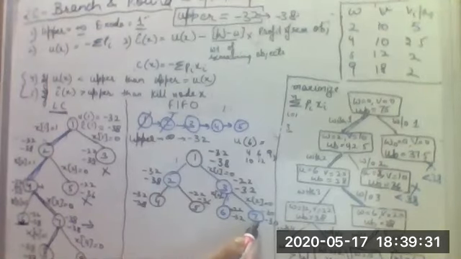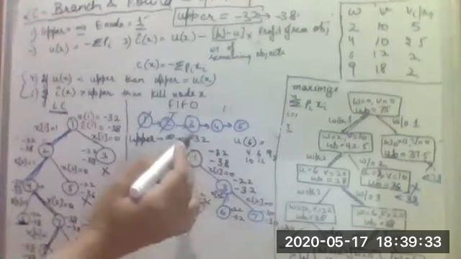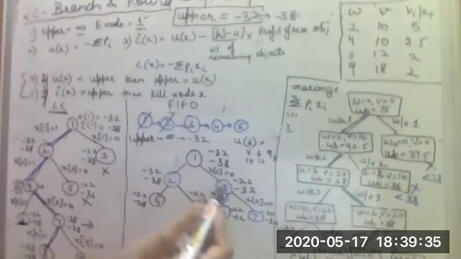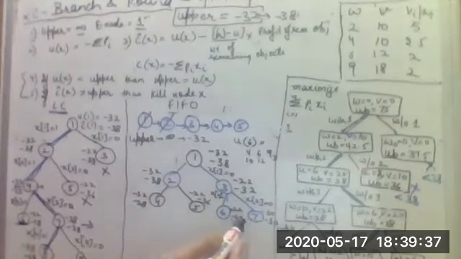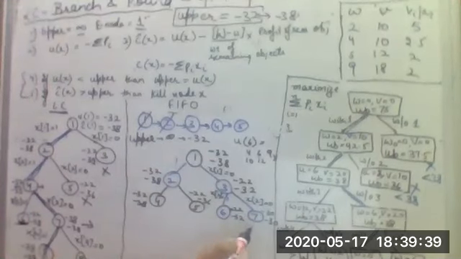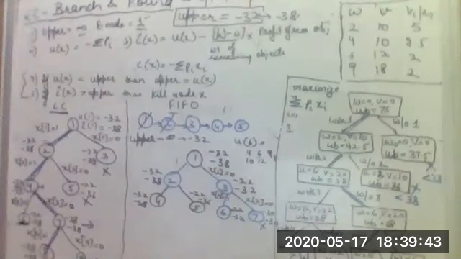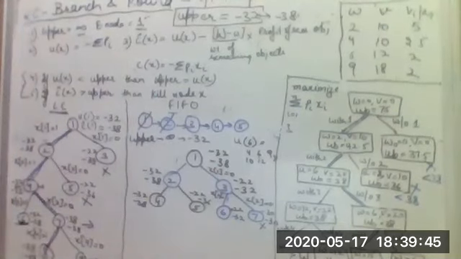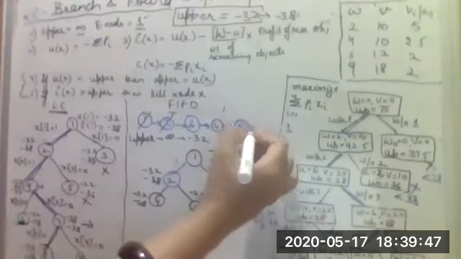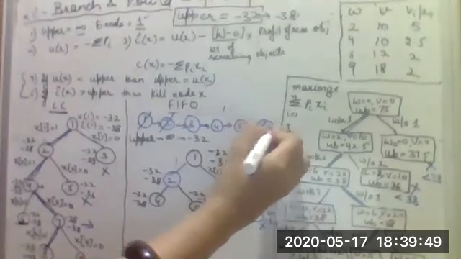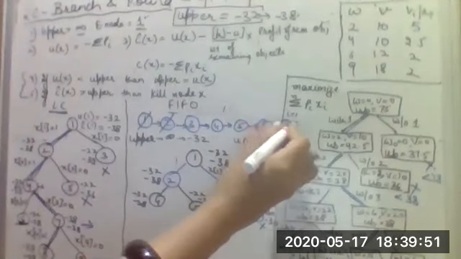Yes. Minus 30 is greater than minus 32. So it is not going to give you a better result. So this node will be killed. Yes. So when you are generating this, your sixth and seventh node, this gets killed.